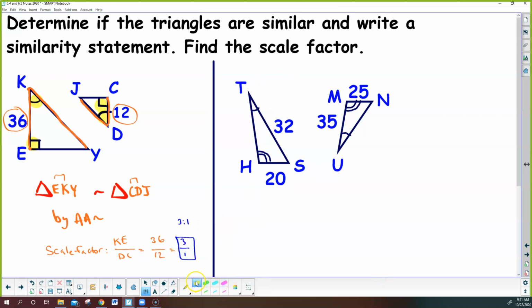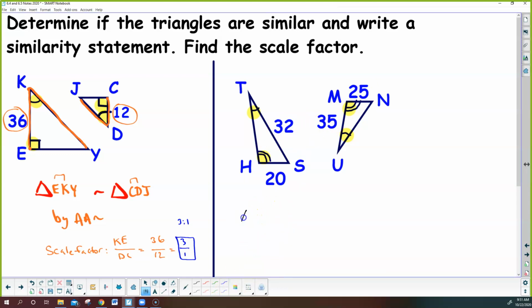So, what do we know? Angle T matches with angle U. Angle H matches with M. I have angle, angle, so therefore, if this is true, these side lengths have to be proportional.